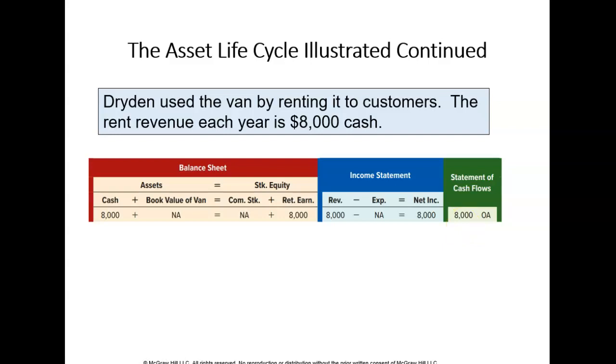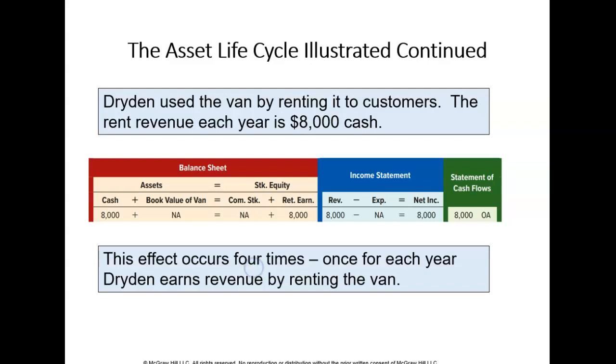So notice that we're recognizing revenue from the use of this van, but the accounting rule says that if you recognize revenue, also determine any expenses that have been incurred in the revenue recognition process.